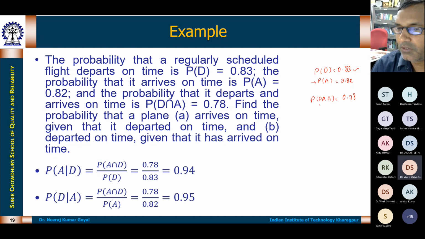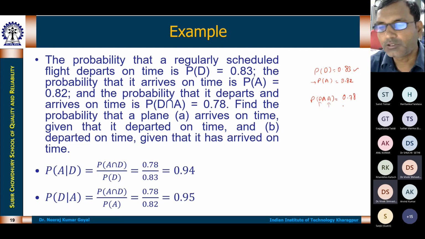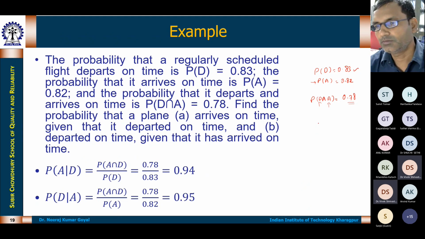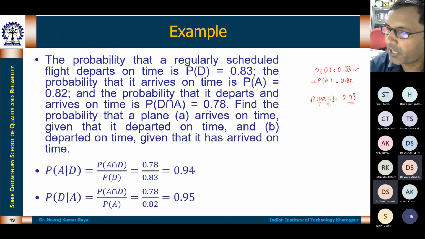The probability that flights which have departed on time have also arrived on time is 0.78. That means out of all flights which have departed from a station, those departing on time and also arriving on time have a probability of 0.78. But the reference point is out of all flights, right?